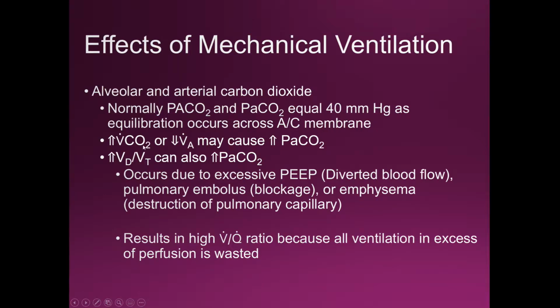If I have an increased volume of CO2 or a decrease in alveolar ventilation, that's going to change. Because if my ventilation in my alveoli isn't happening due to shunt or atelectasis, then guess what? I cannot get my CO2 to go into the alveoli to be breathed out into the air.